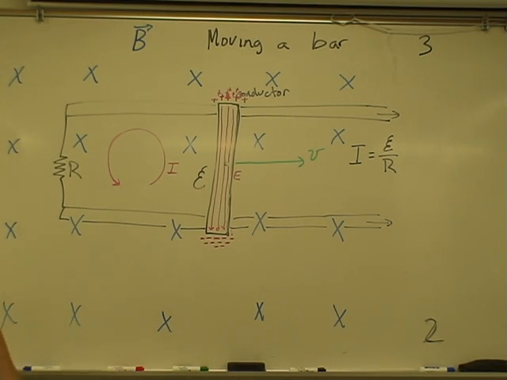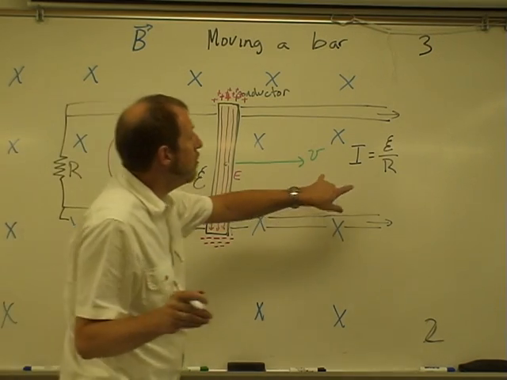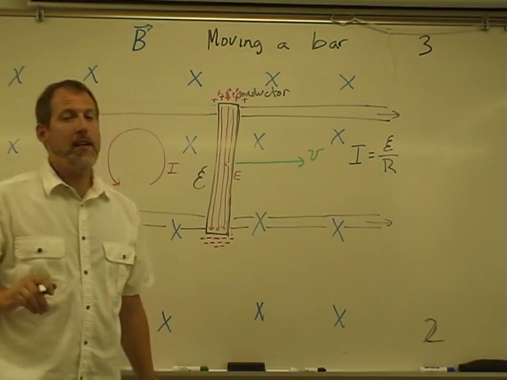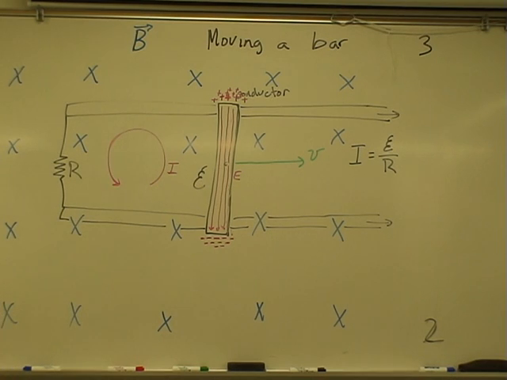I keep saying this just so you know that Ohm's law is not a universal truth, but it's a mighty darn common truth, and it's certainly what we're going to be looking at.